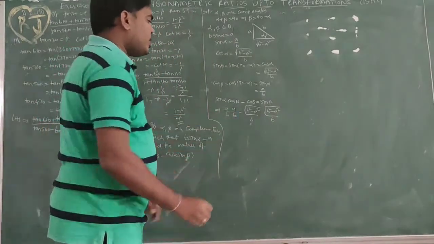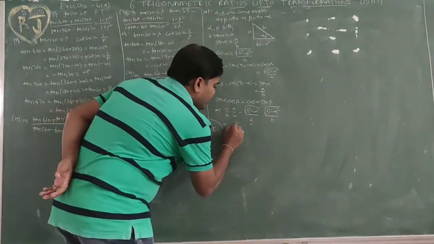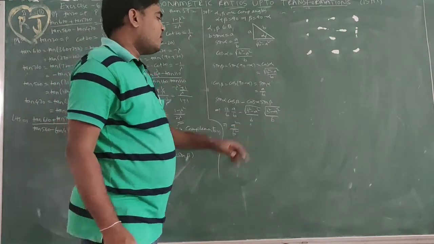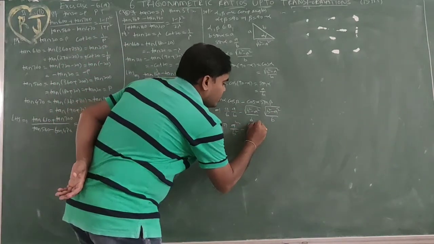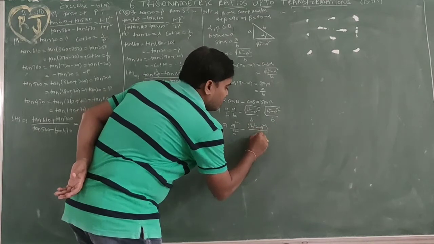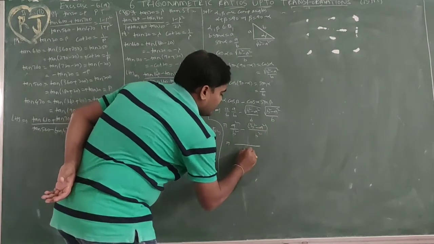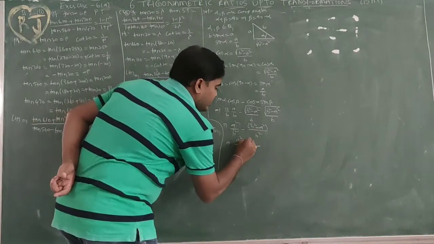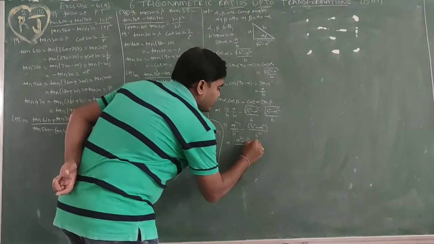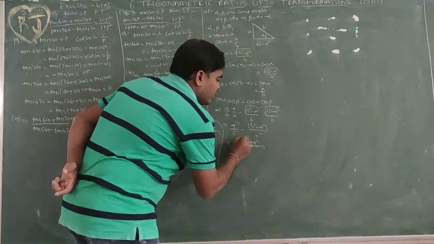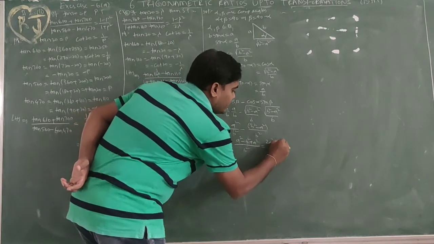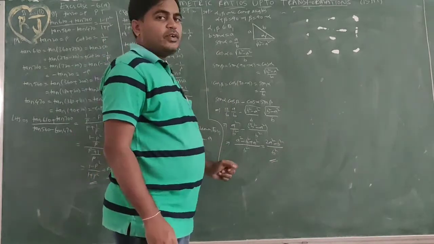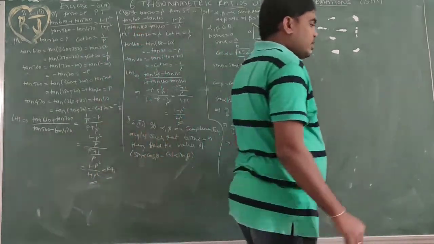So a into a over b square, minus the square root of b square minus a square multiplied, gives a square minus b square minus a square by b square, which is 2a square minus b square by b square. So this is the required result. Okay, next.